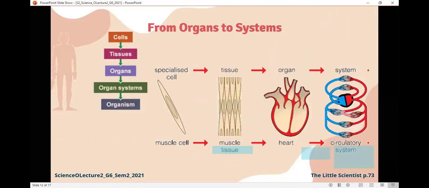Then, different organs together make a body system. What are the different body systems found in the body? I taught you this in grade 4. What are different body systems?